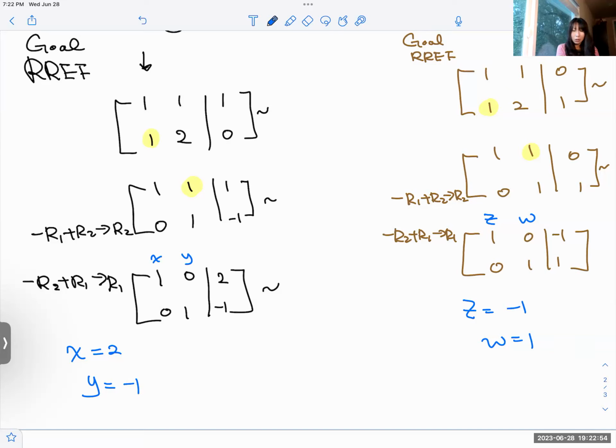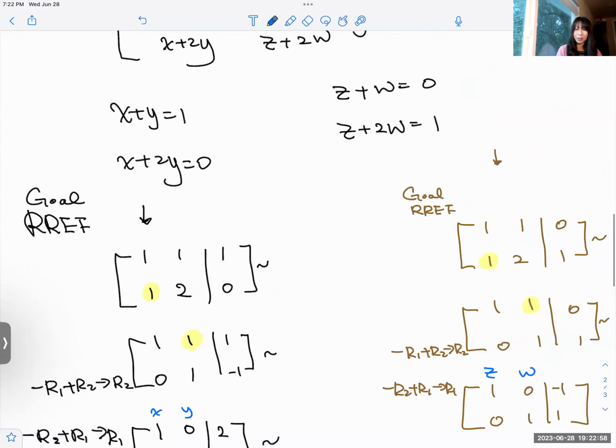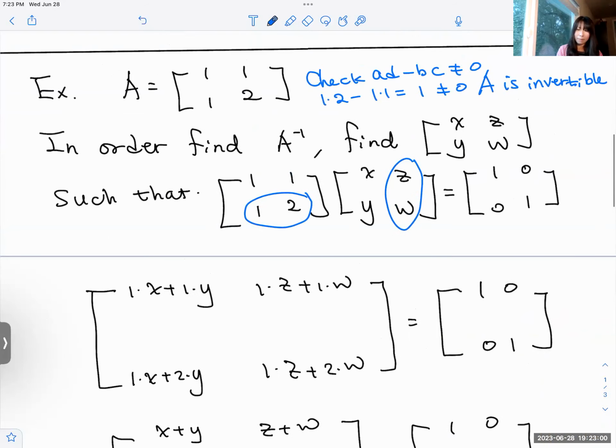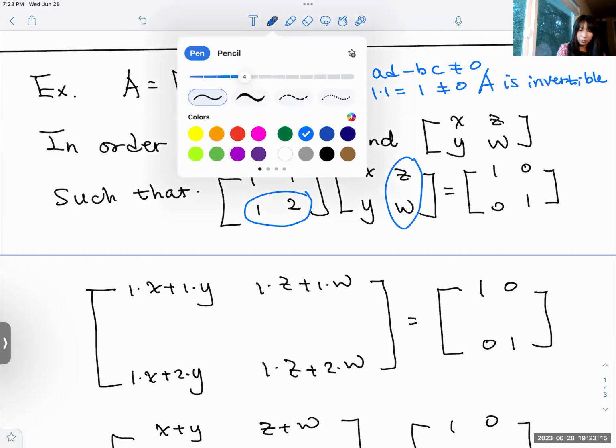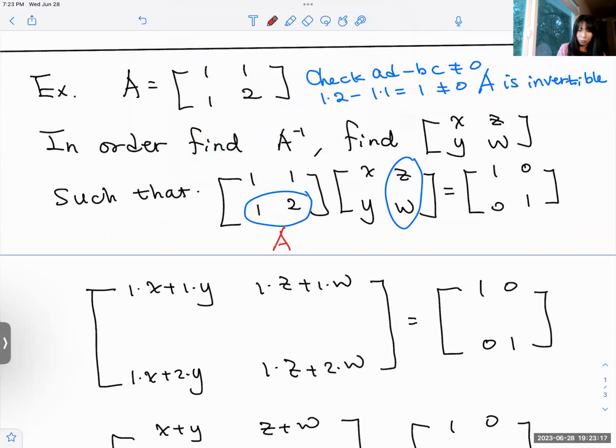Okay, now how do we write down? This is the inverse. So basically, the product of two matrices gives the identity. That means one is the inverse of the other, right? I mean, they are inverses of each other, right? So this is A, we say that, and this is the inverse, to get the identity, right?